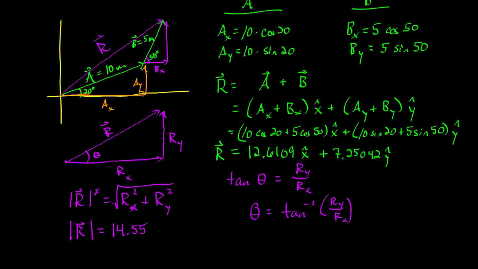And again, calculating for that, we find that theta is 29.896 degrees. And so now we've fully solved it. We know the magnitude and the direction of the resultant vector.